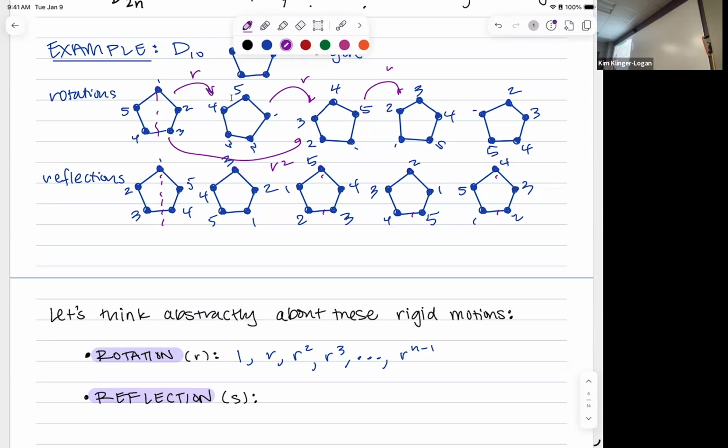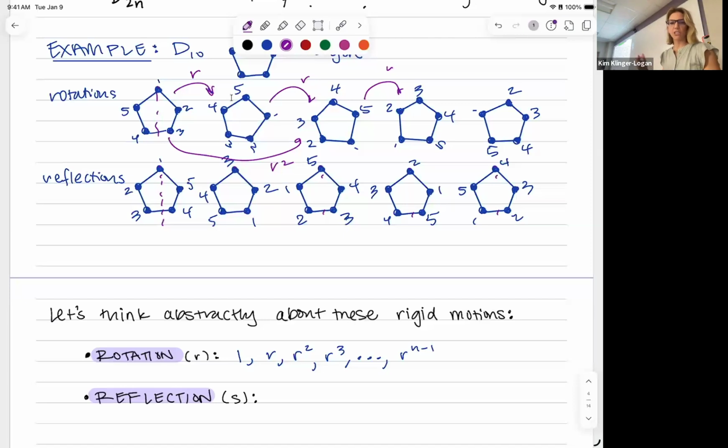So whatever this reflection is, it's the same as applying r cubed and then reflecting about the same axis. All of these reflections are really just one reflection: I reflect about this vertical axis, and I just do rotations and then reflect. That's how I'm going to categorize them.